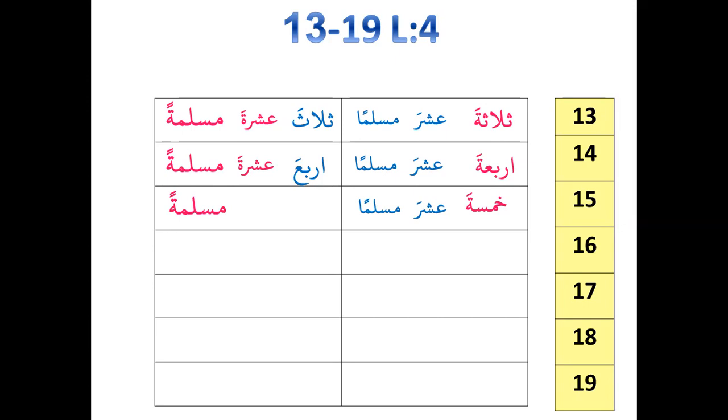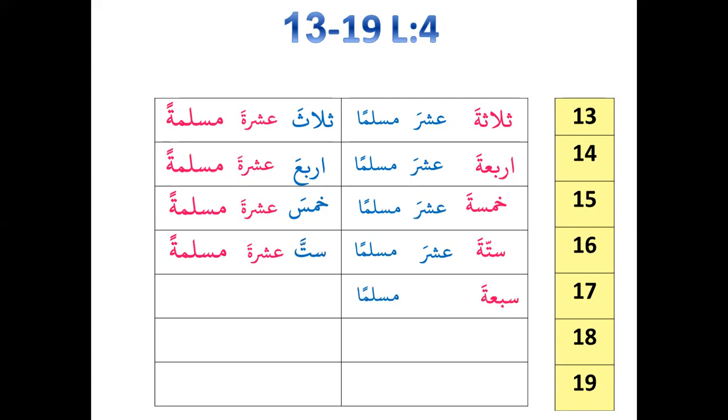Khamsata. It's non-flexible. Ashrata. It's not a mudaf, it's non-flexible. Right. And then Khamsata will become Khamsa. So let's just slide through this. Khamsa, yes. So this makes sense? Everybody? Any issues here?